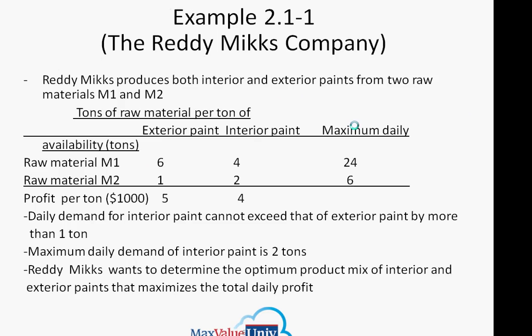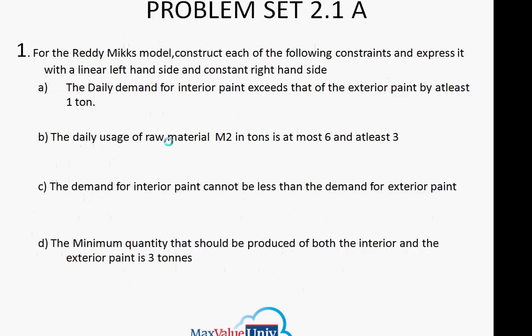That is, the interior paint exceeds the exterior paint by at least 1 ton, right? So we can represent it by the inequality x2 minus x1 greater than or equal to 1, or minus x1 plus x2 greater than or equal to 1. So we have a linear expression on the left hand side and a constant on the right hand side.